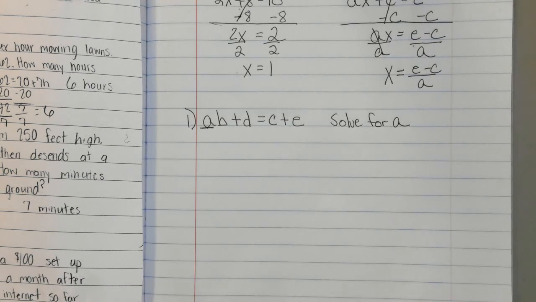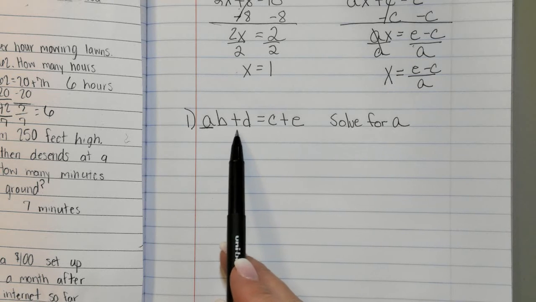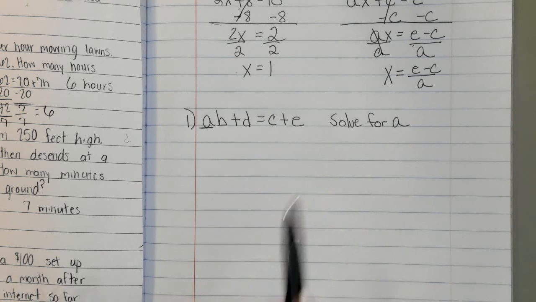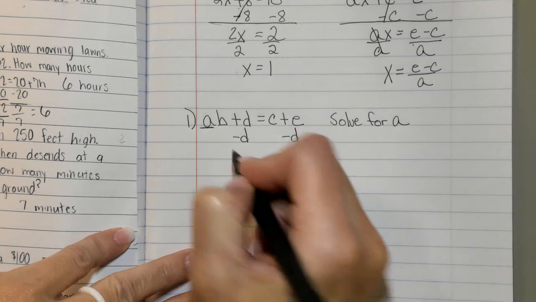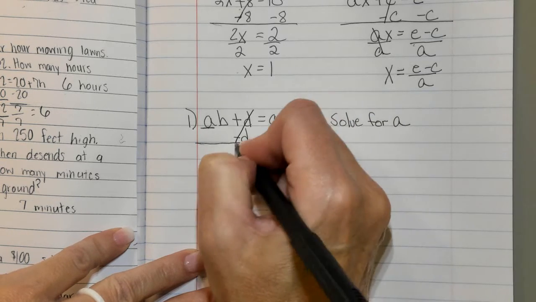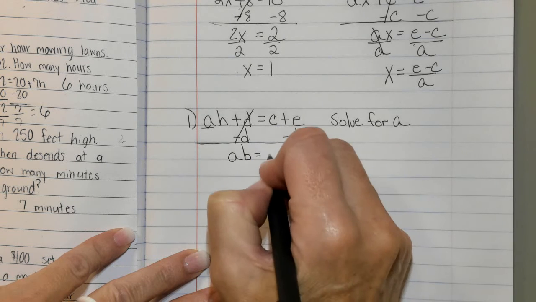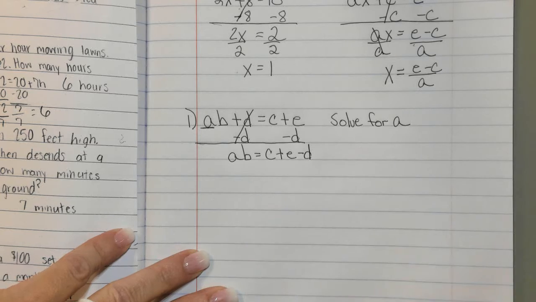Well, just like with our two-step equation, let's take care of the plus or minus piece first. So how do I move a plus D? I subtract D. So that's gone. So I have AB equals C plus E minus D.